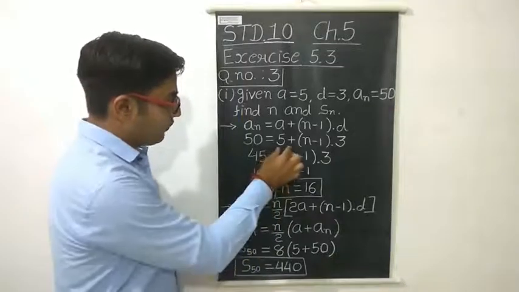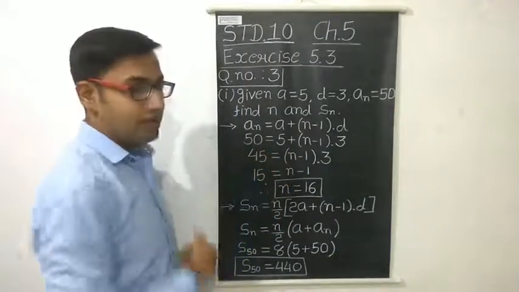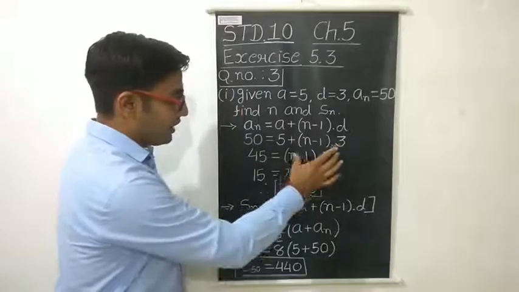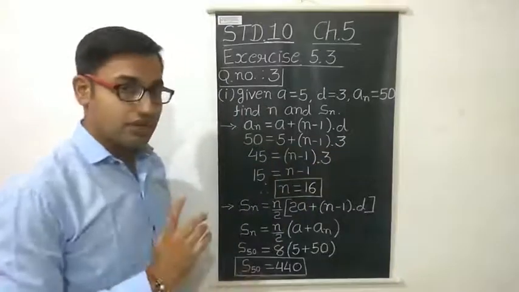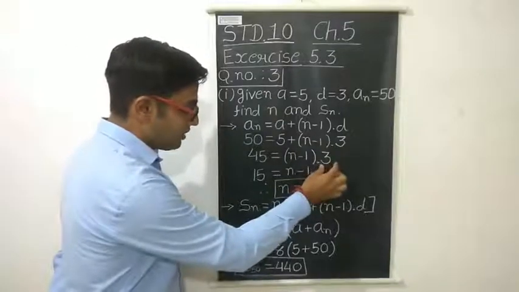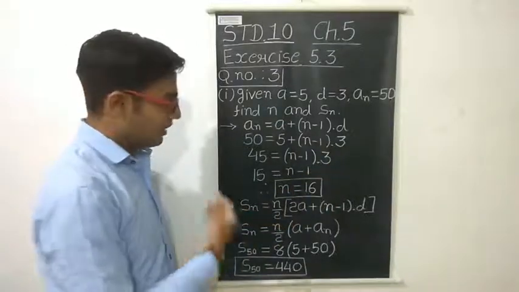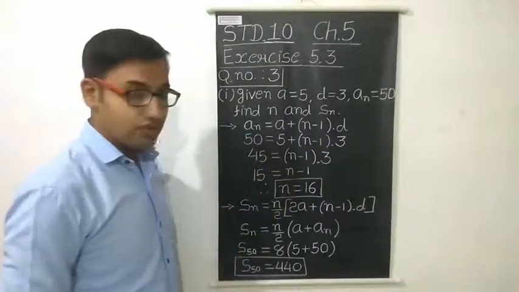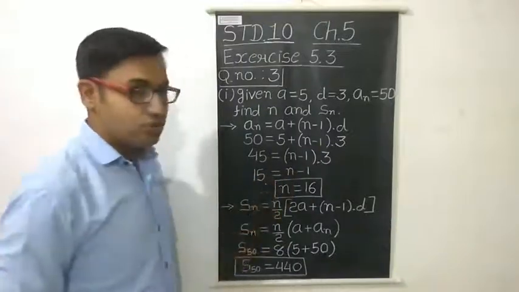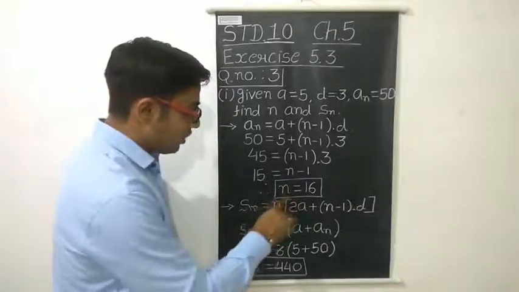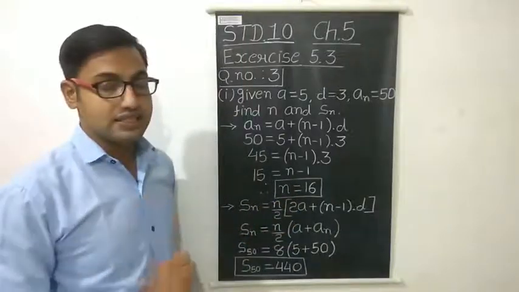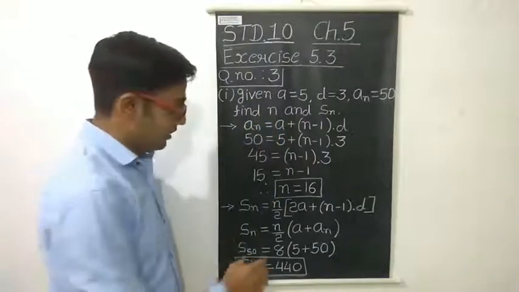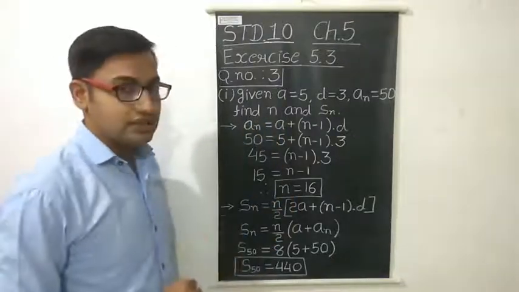Taking this 5 to the left hand side, it will be subtracted from 50. 50 minus 5 is 45. On the right hand side we have n minus 1 into 3. Now taking this 3 to the left hand side, it will divide the 45. So 45 divided by 3 is equal to 15. 15 is equal to n minus 1. So we get the value of n is equal to 16. So the first thing that we have to find, the value of n, is equal to 16.